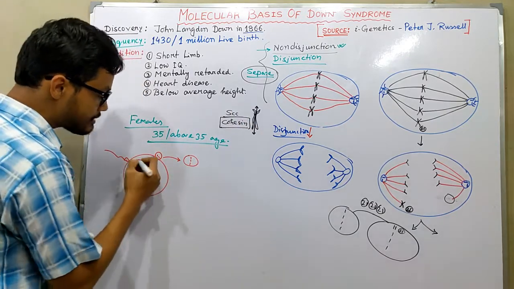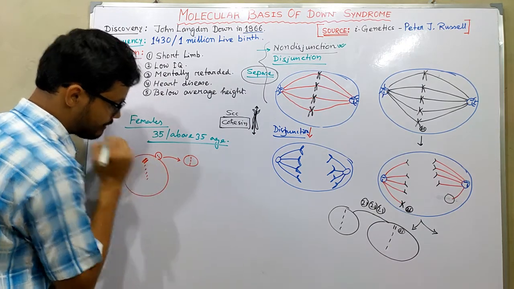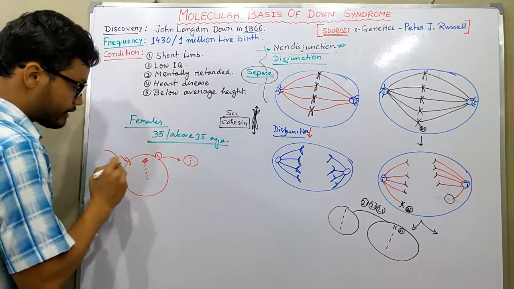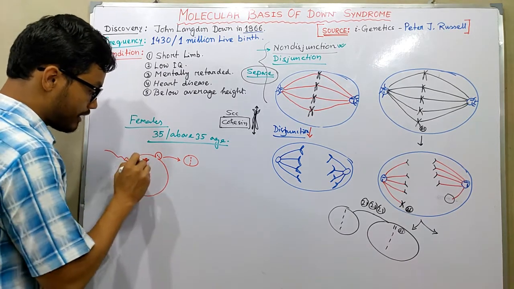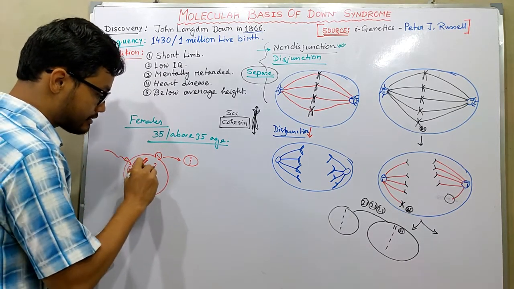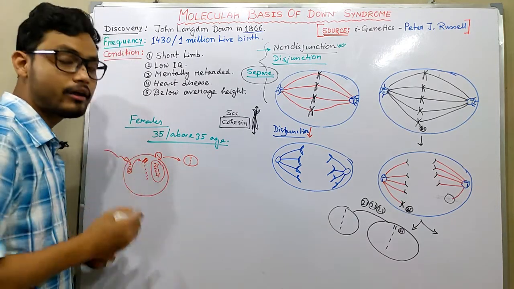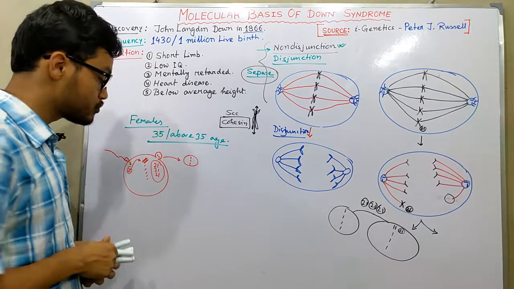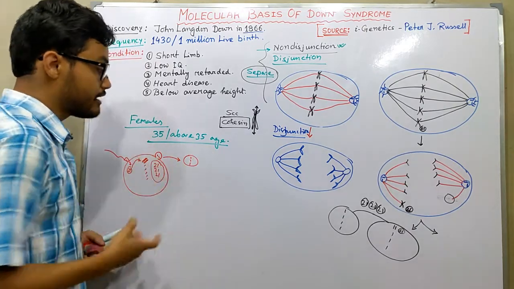In this case, chromosome number 21 is present as a pair, and the sperm's chromosome 21 can also join with this pair and make 21, 21, 21. That is the triple number in chromosomes that ultimately leads to chromosome 21 trisomy.